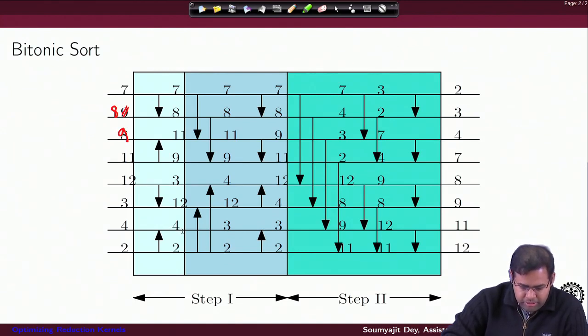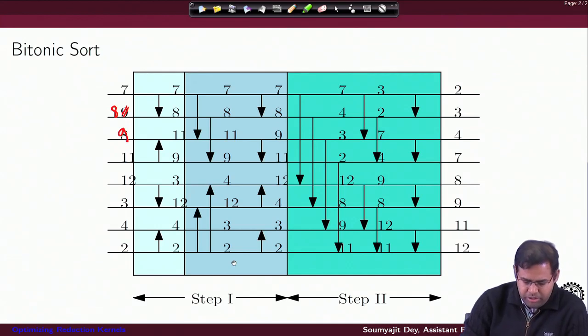And in this line we are comparing the value of 2 with the value of 4, that is done. And here we have 2 and 12, and once I compare them, there is no change that's going to happen. When I compare here, I expect the maximum value to go up, and it's already up here as I can see.